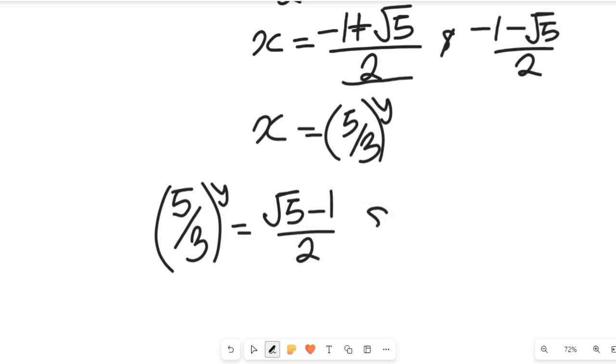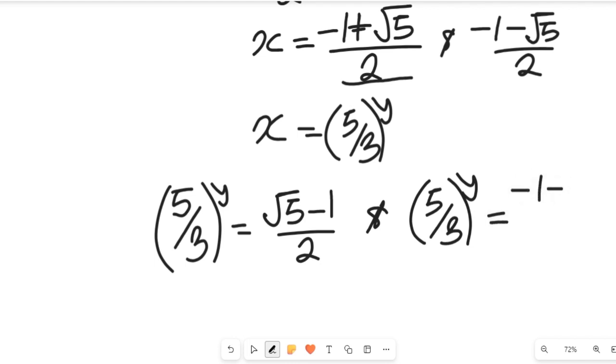I've not changed anything. And the next equation will give us (5/3)^y equal to (-1 - √5)/2.